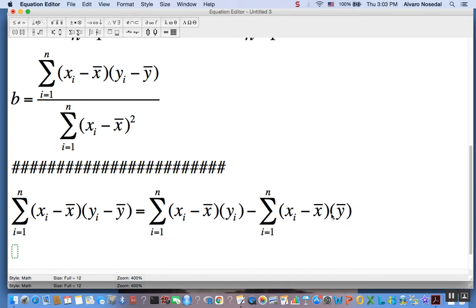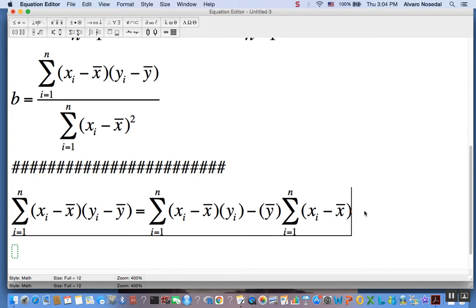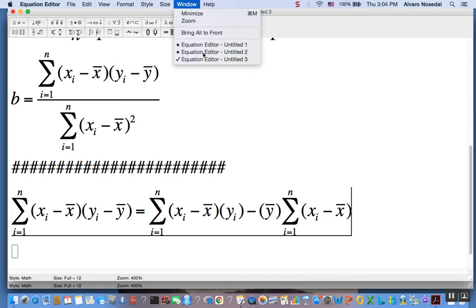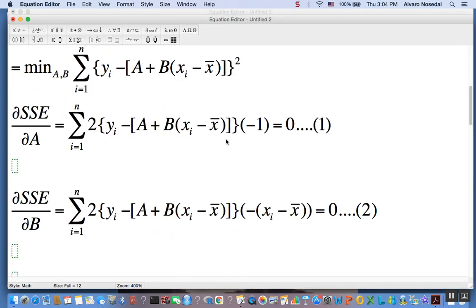Now, this guy here is a common factor, right? So I get to pull it out. But remember that when we derived the estimators for the alternative form for the least squares, we showed that the sum of xi minus x bar is 0. Remember that we did that?